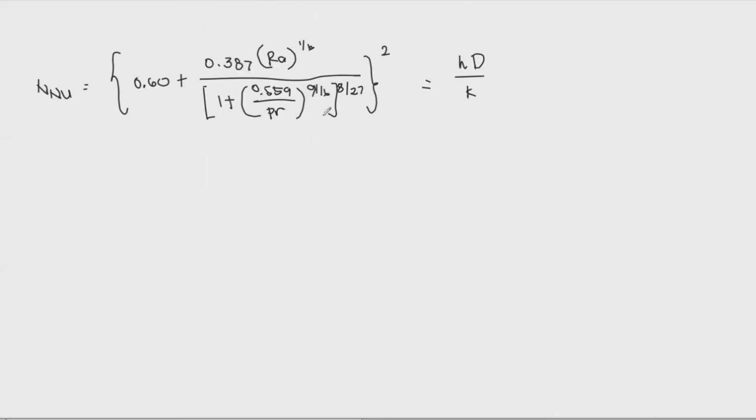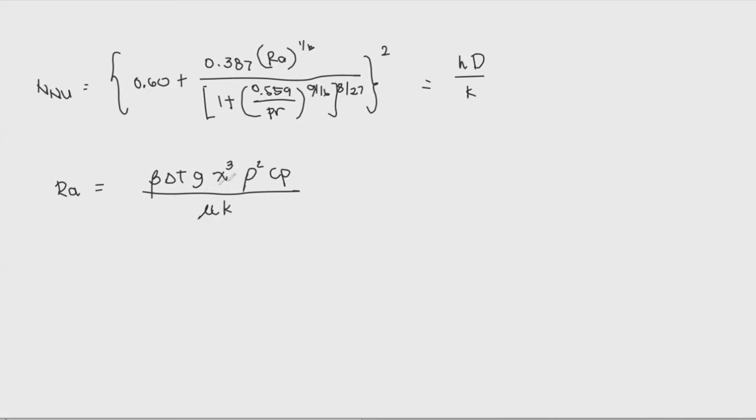So now that I've already written the equation, I need to find the Rayleigh number and the Prandtl number. And remember, the Rayleigh number is actually equal to beta delta T g x cubed and then density squared, and then specific heat capacity, and then divided by mu and k.